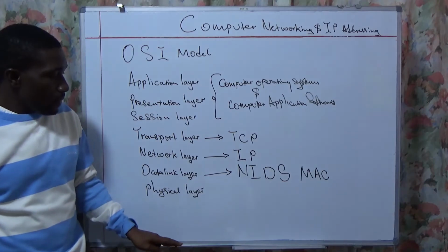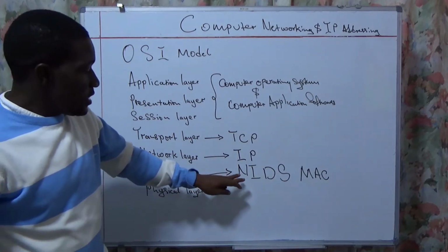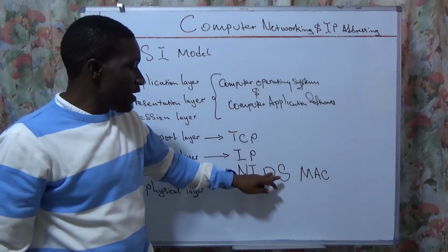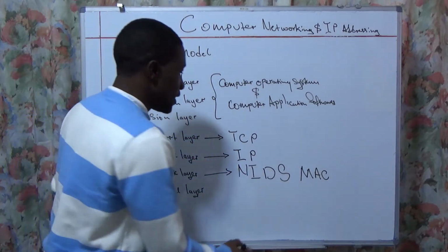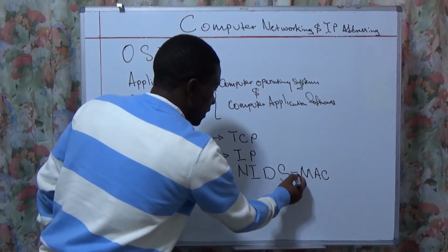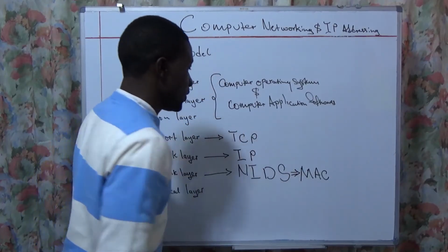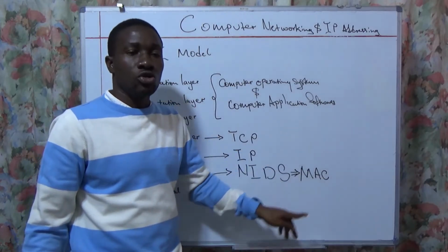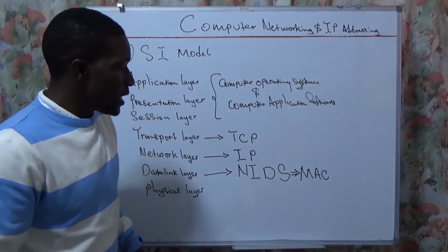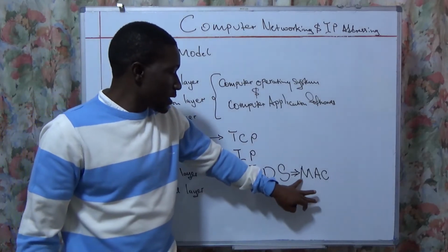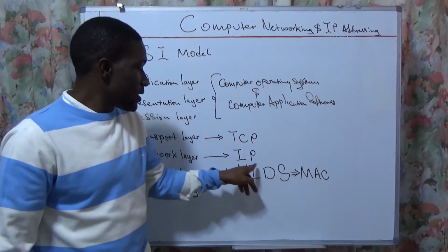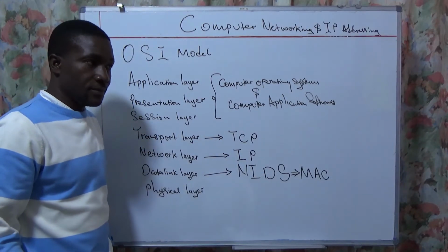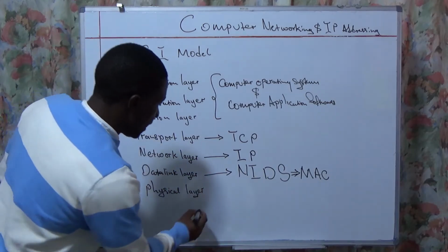So, the network interface driver specification is the one that enables our media access control, which ideally works with the IP address.